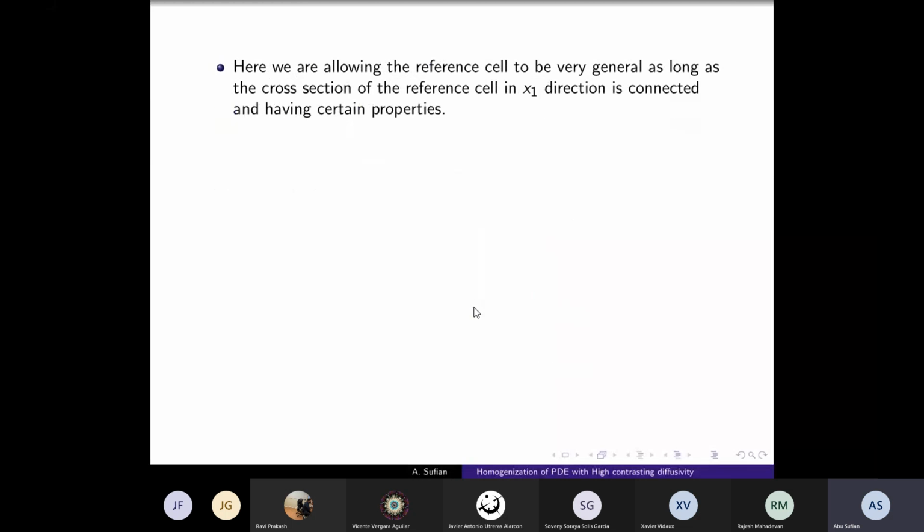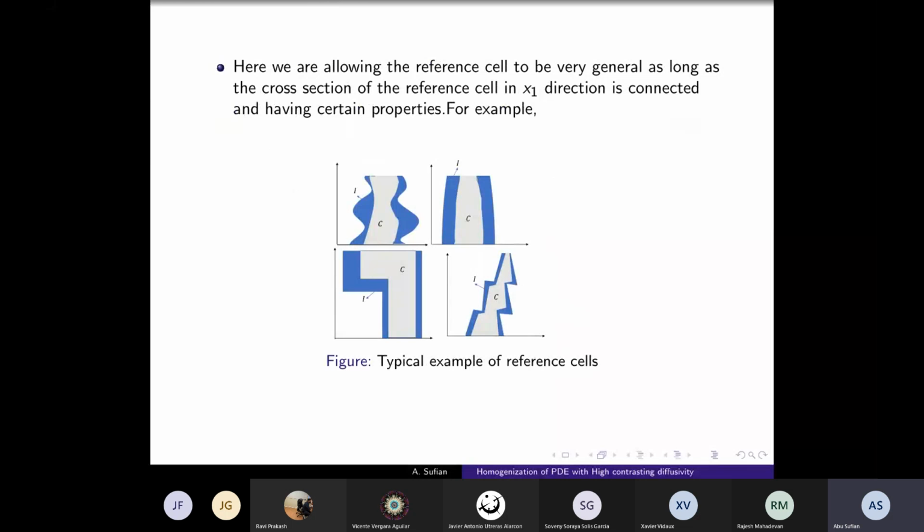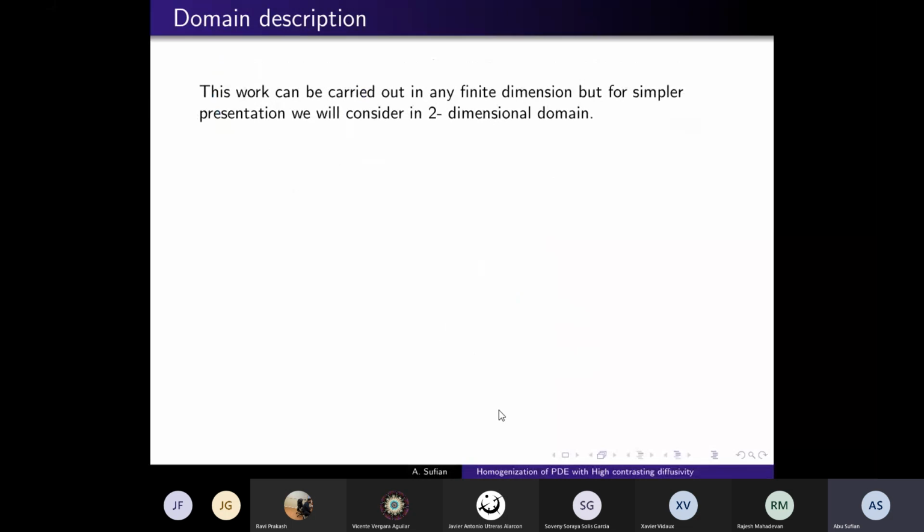In the present work, we allow the reference cell to be of any shape as long as it satisfies a certain condition in the x1 direction. Just to be more precise, we have considered this kind of reference cell. This is a typical depiction of our reference cell, and for simple presentation I took this kind of domain.